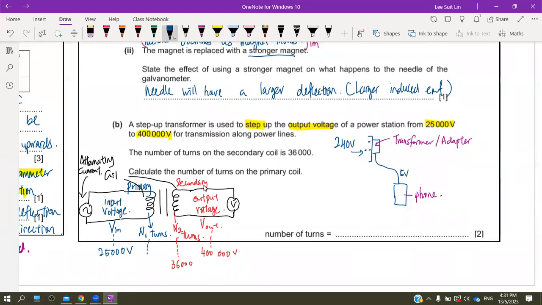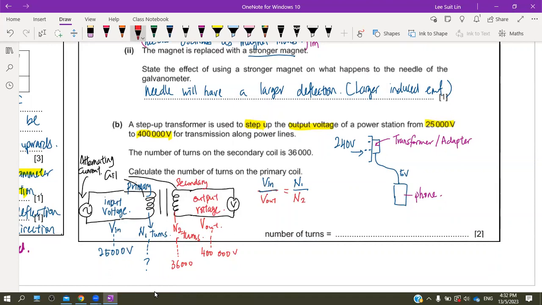So they're asking you to find the number of turns of your primary. So ratio is your best friend, right? This means the ratio of input to output voltage will be the same as the ratio of the number of turns in the input coil, the primary coil, to the number of turns of the secondary coil.